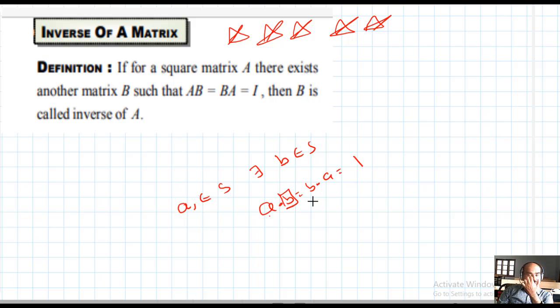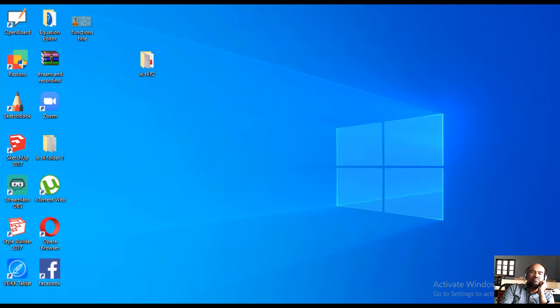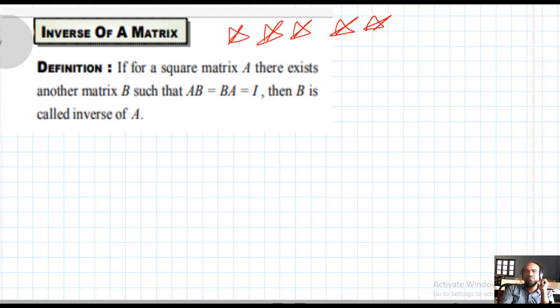This is the general definition of multiplicative inverse. I will write it first for real numbers.